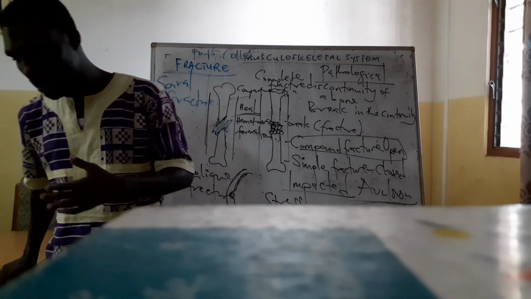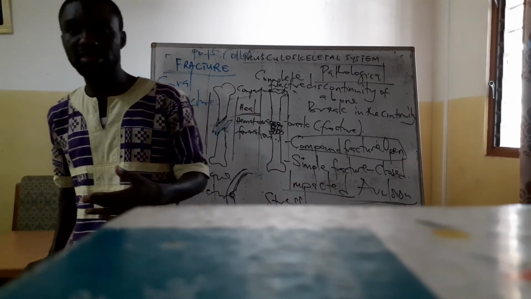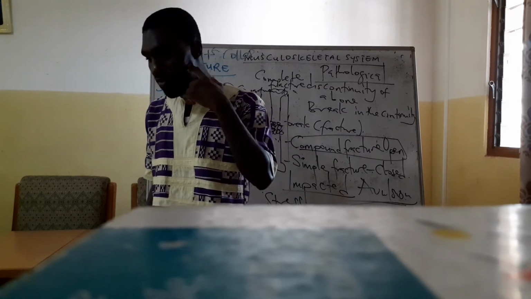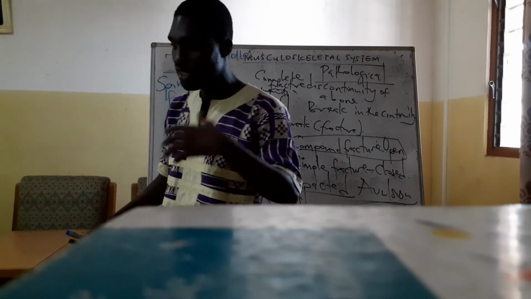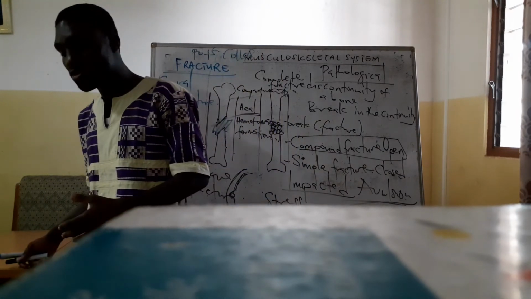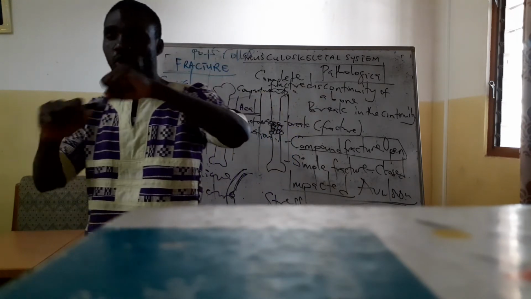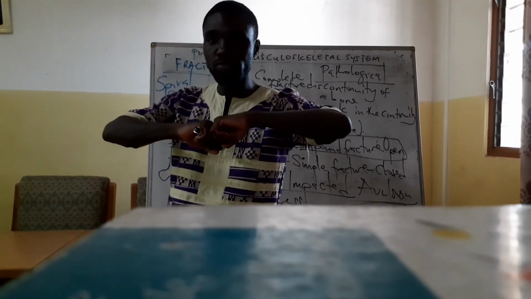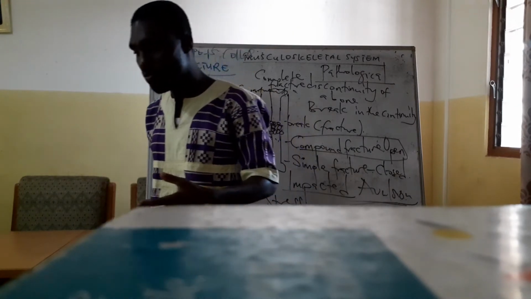Once the bleeding is stopped, there is vasodilation that follows. So the vasodilation most of the time will help to send more blood to the site of the injury, because before the bones can heal, there should be enough blood flow, oxygen, and nutrients to help the bone to heal.